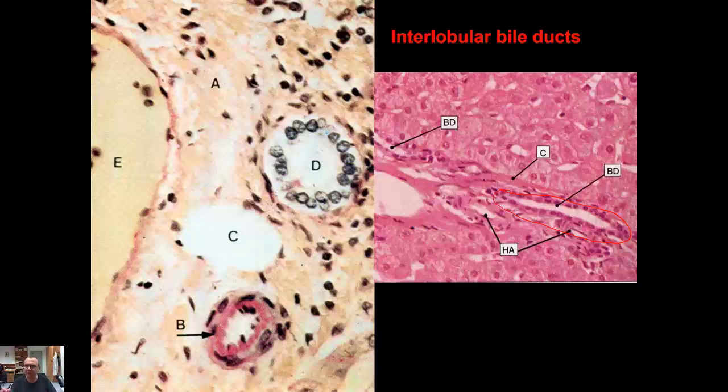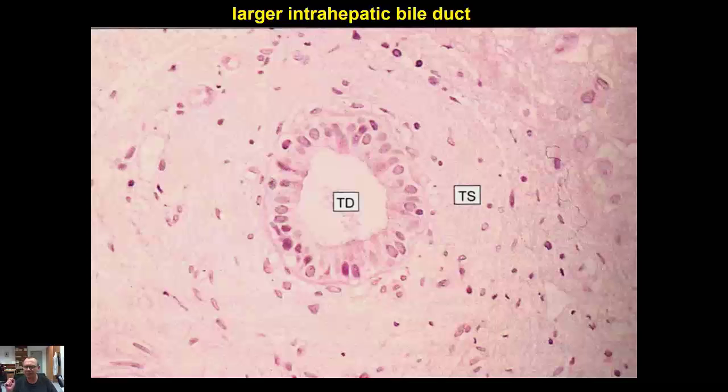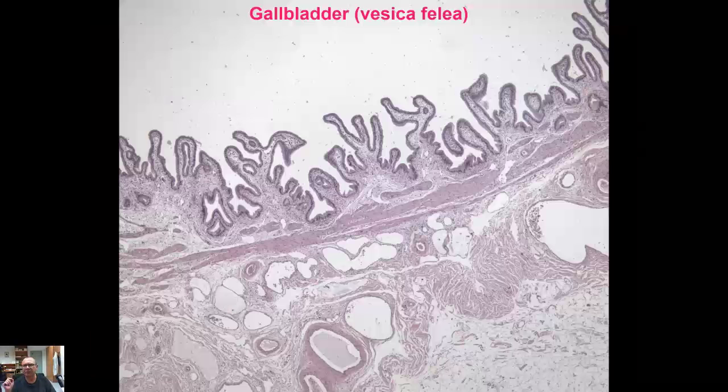These small interlobular bile ducts then join together to form larger intrahepatic bile ducts having simple columnar epithelium. They join to leave the liver as right and left hepatic ducts, which join to the common hepatic duct, and the blind evagination of the cystic duct is the gallbladder.